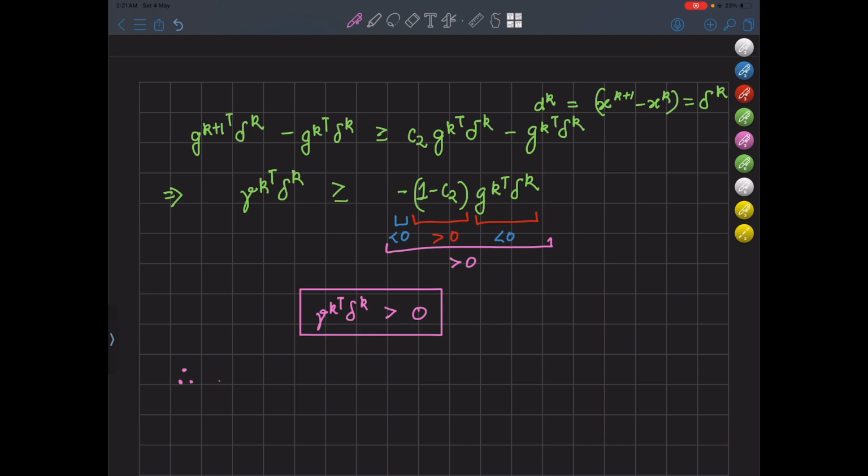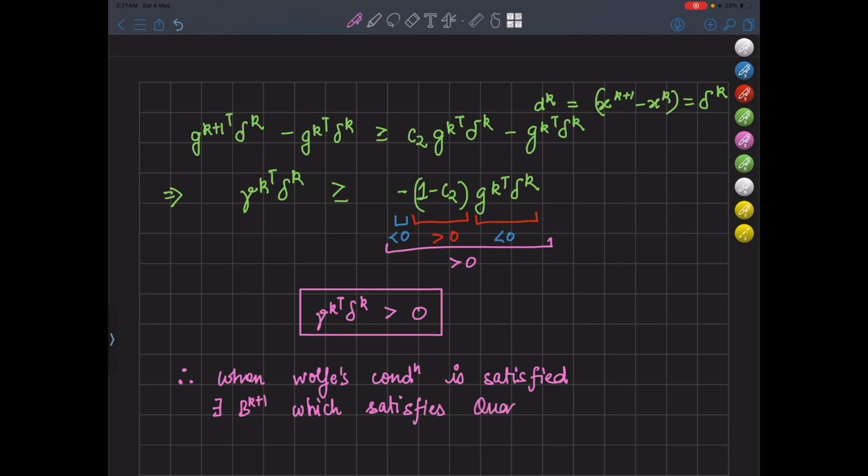So when Wolfe's condition is satisfied, there exists a bk plus 1 which satisfies the Quasi-Newton condition.